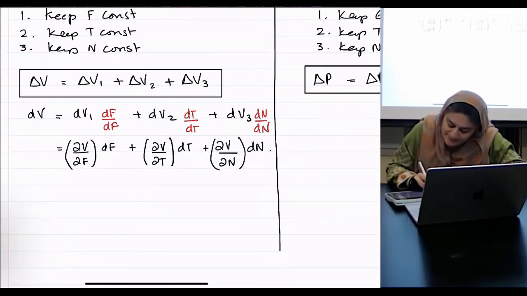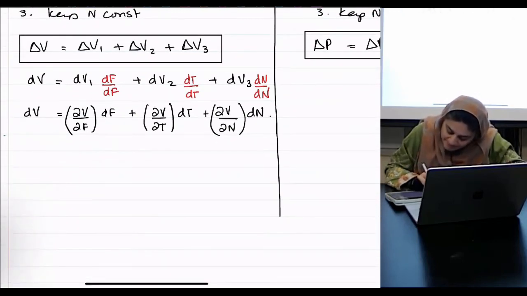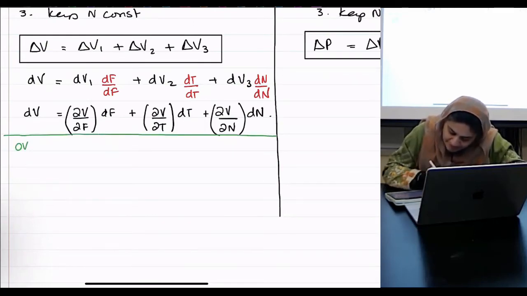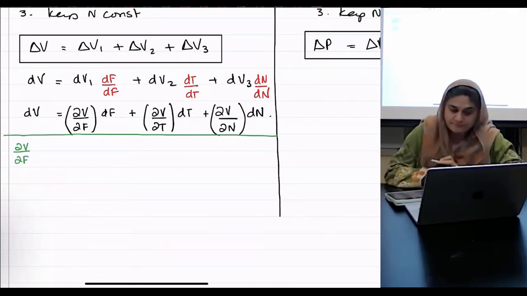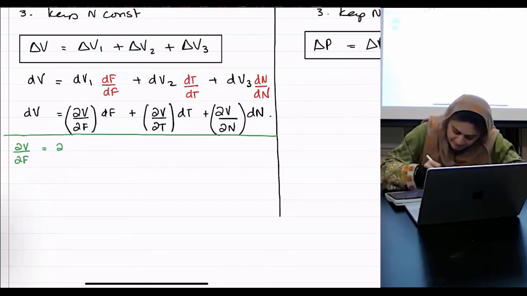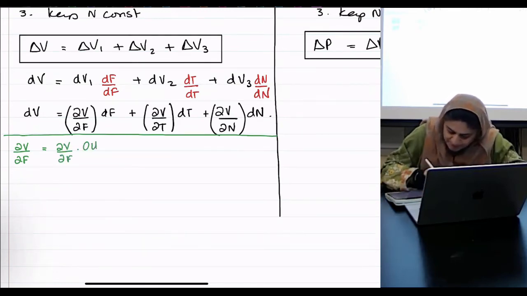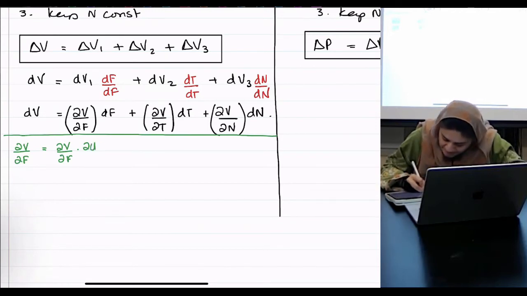Okay, so now that I have this, I need to do something. Let's start at the beginning. Partial V over partial F. May I rewrite this as partial V over partial U, partial U over partial F?